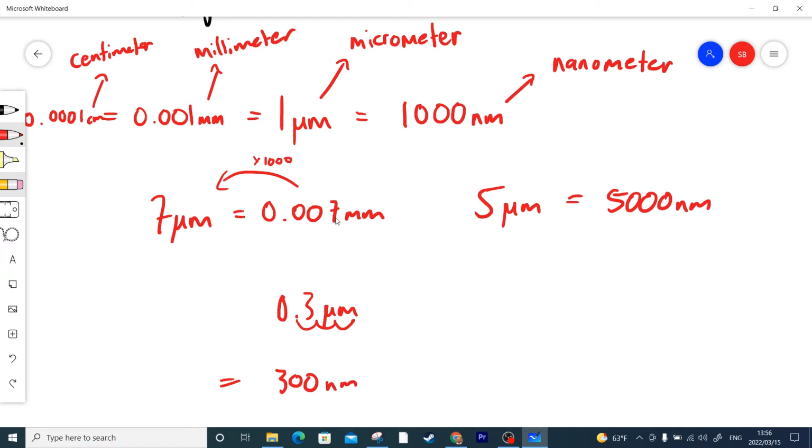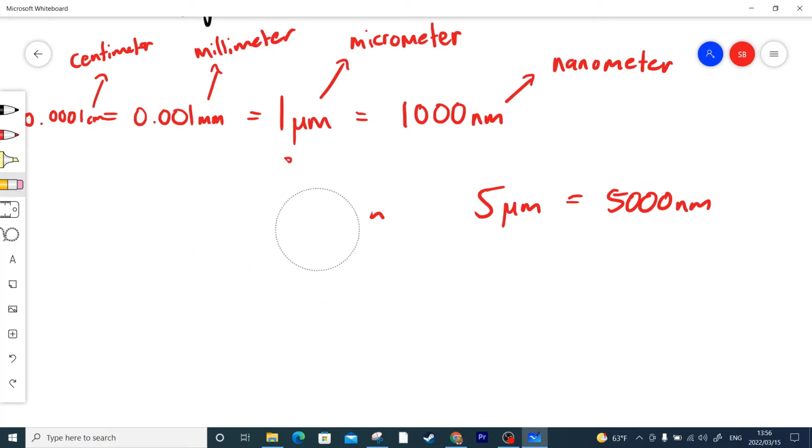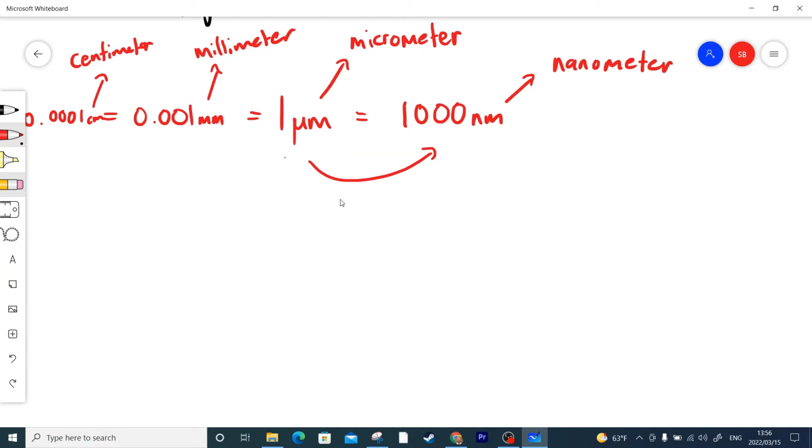So this conversion between these two things is very important to be able to do. I hope that all makes sense. Some lessons show arrows going between here. So you're timesing by 1,000 between micrometers and nanometers, and if you're going backwards towards millimeters, then you are obviously dividing by 1,000. I don't really like these arrows.